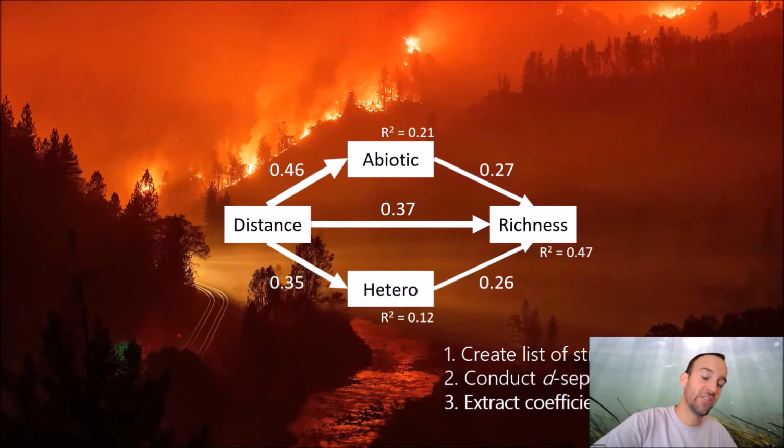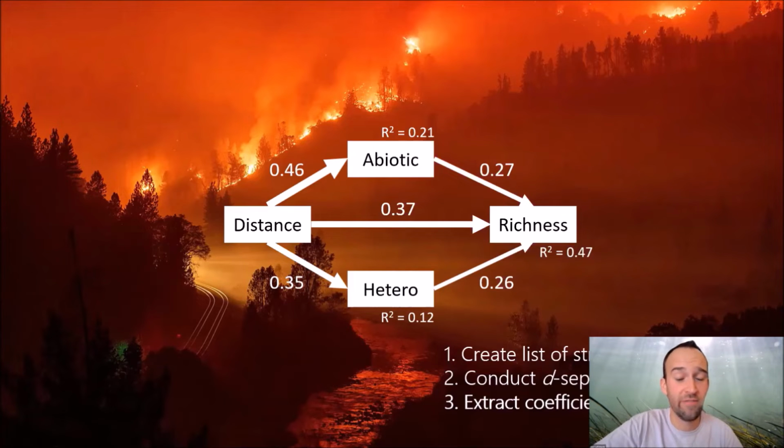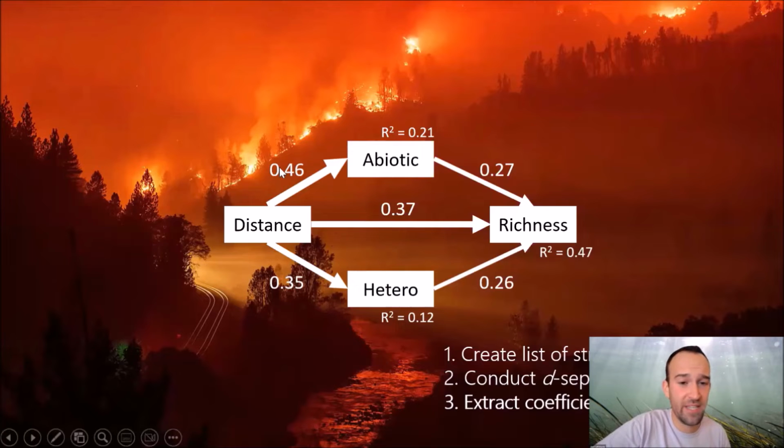Again, because they're unitless, you can make those comparisons fairly between, say, this path, distance and abiotic, and this path, abiotic and richness, even if the raw variables are measured in very different units. As I also mentioned, the other benefit of SEM is that you can multiply adjacent paths, these standardized estimates, to get a magnitude of these indirect effects.